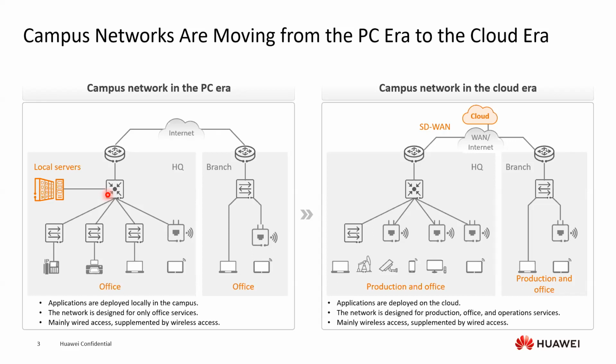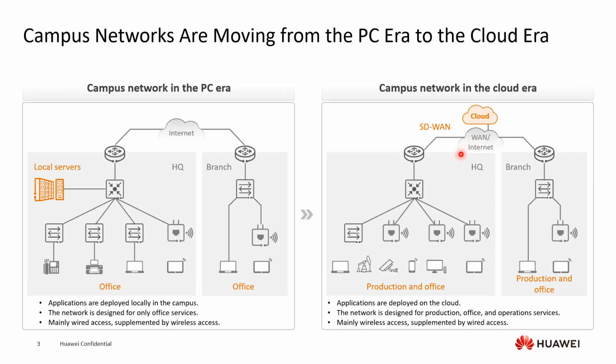In addition, most terminals are fixed terminals, and the wired network is primary, while wireless networks are provided to the users as complementary services. But with the advancement in tech, things are changing. All the applications are moving to the cloud side.